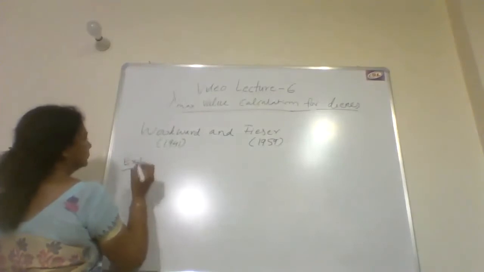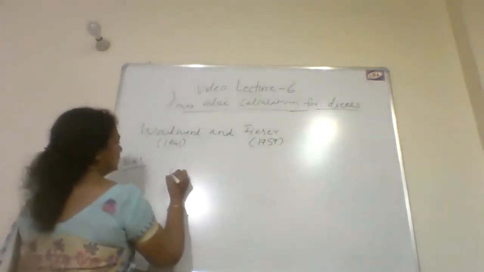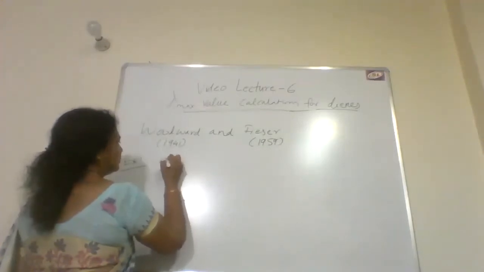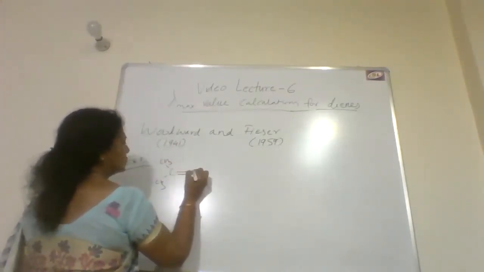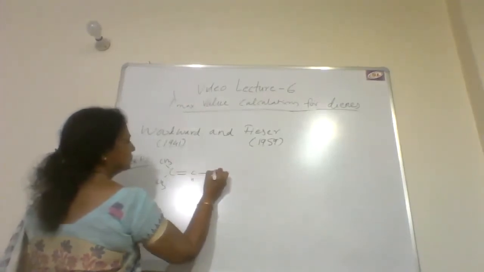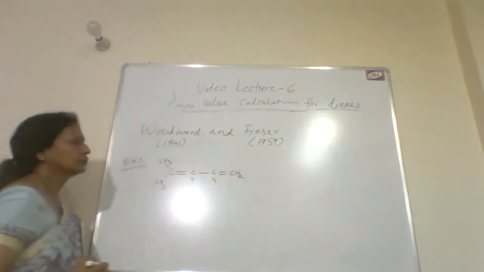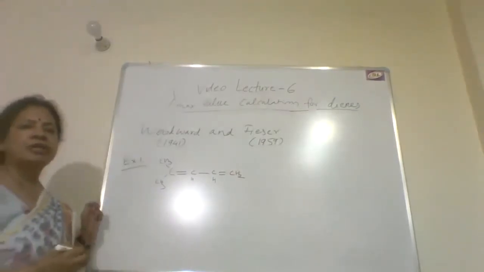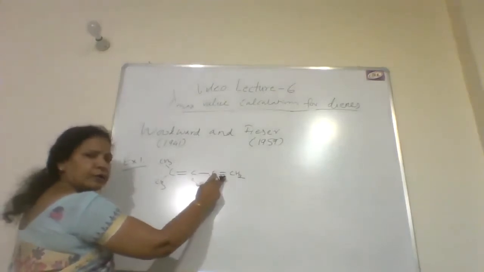Example 1. Suppose this is the system. It is a conjugated diene system: double bond, single bond, double bond.